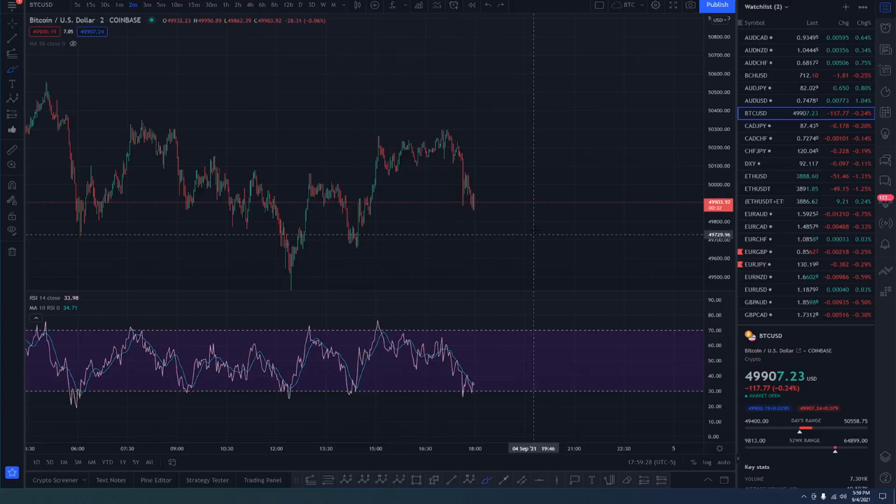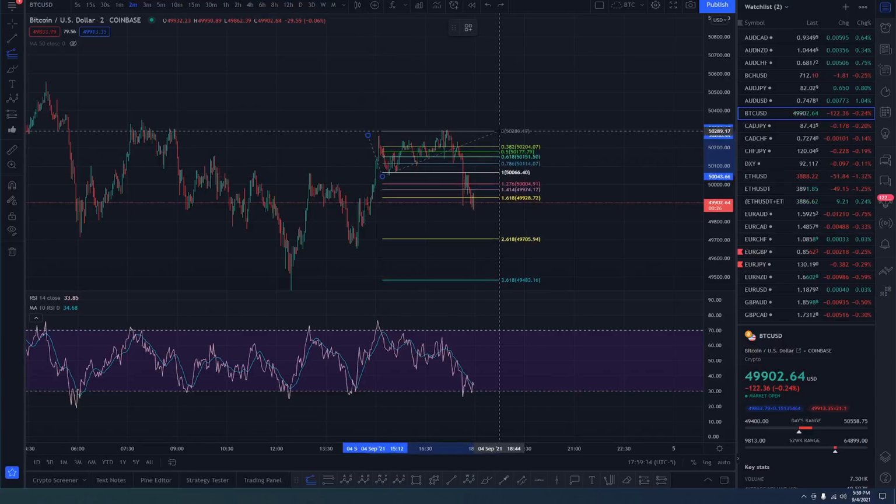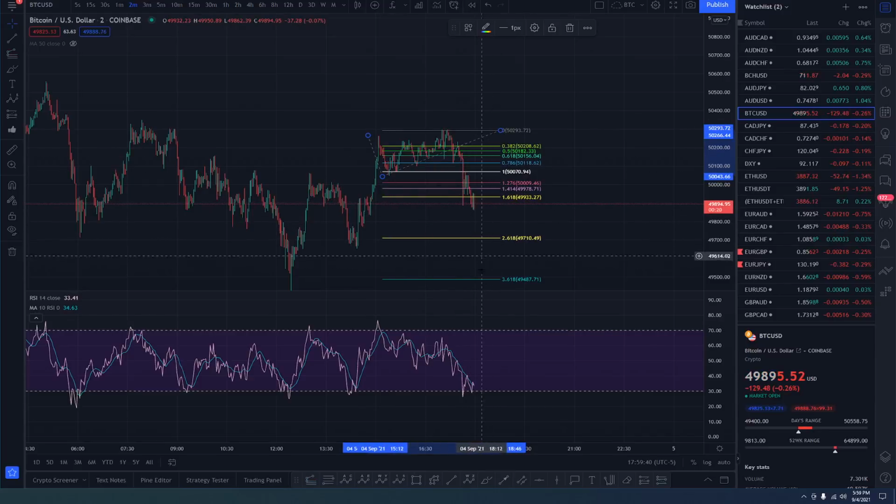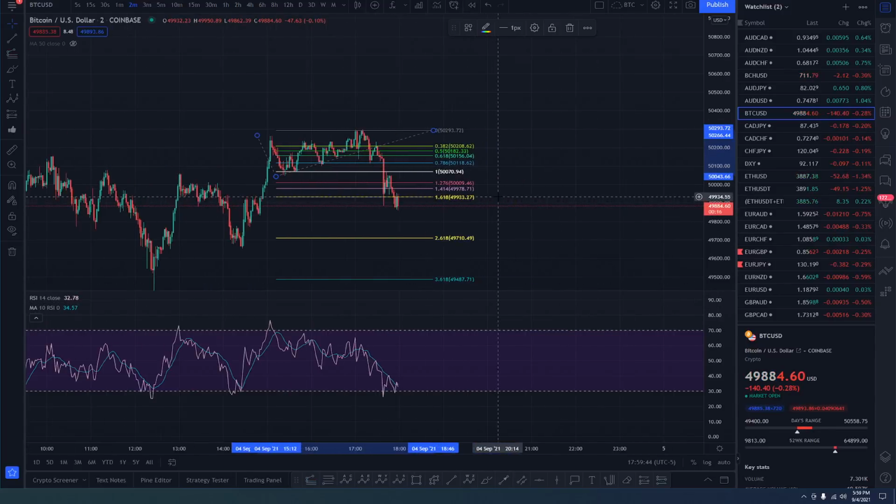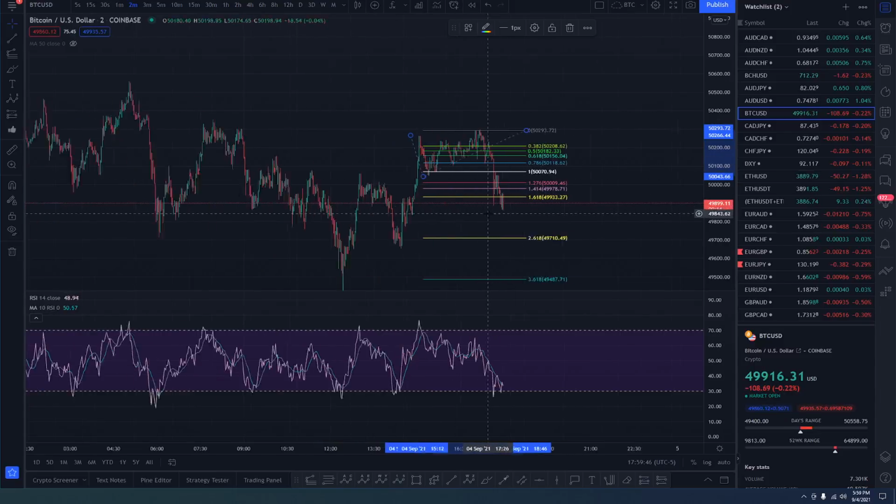That's good. Let me pull the fibs on that move. We're sitting around the 1618. I don't want to see it much deeper, but flats can get to the 2618, so it's not horrible right now to consider this as a flat.